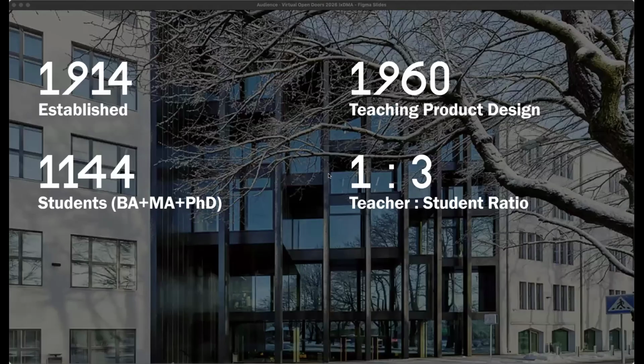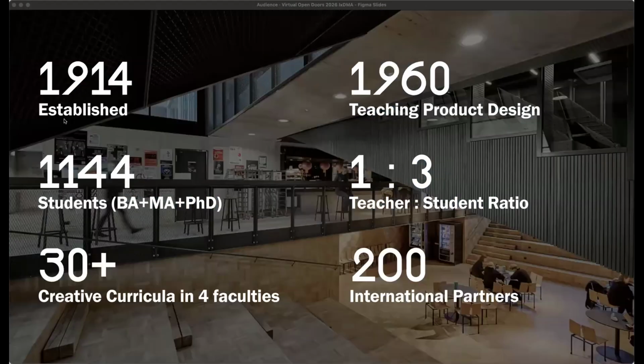It's a small school. We have 1,100 students, and the teacher to student ratio is 1 to 3, which means that for every 3 students, there's 1 teacher. It means that we have very individualized study and very personal mentorship. So basically, if you join us, you will get a lot of personal individual coaching and teaching.